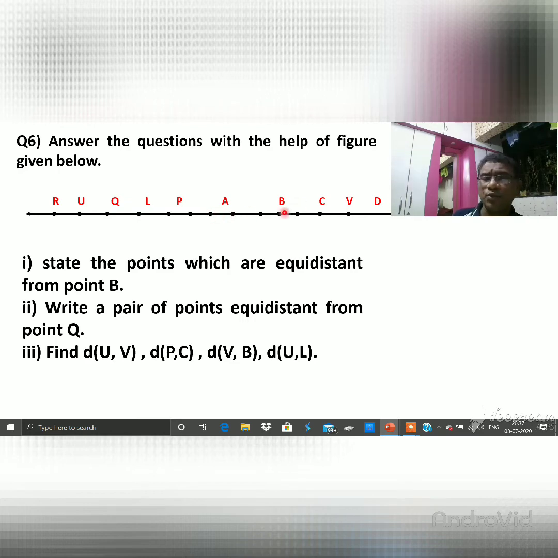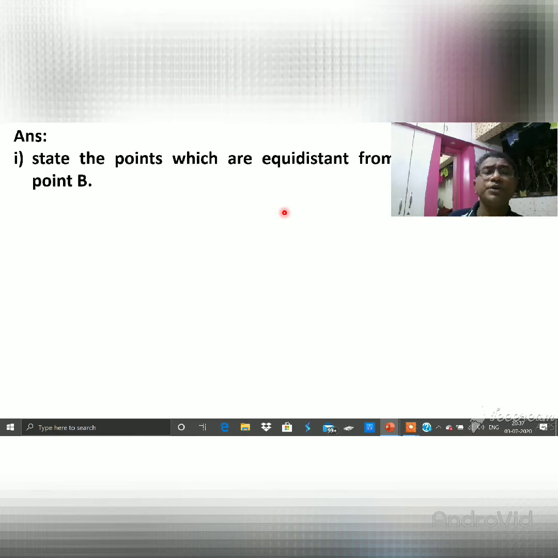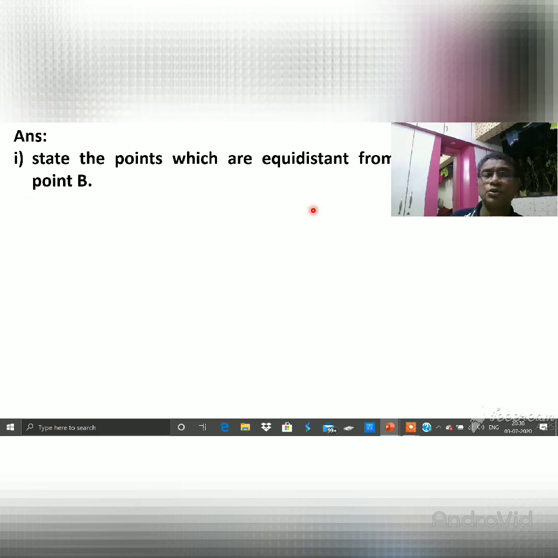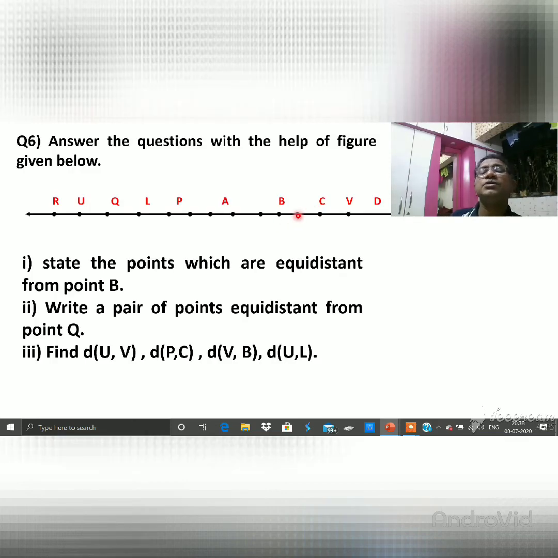From B you write those answers. So see here, they write the equidistant points. State the points which are equidistant from point B. So A and C, they are equidistant from point B. BA is equal to 2 and BC is also equal to 2. That can be shown in this diagram, and I have already explained. See, 1 2 is the BC and 1 2 is the BA. So A and C, they are equidistant.